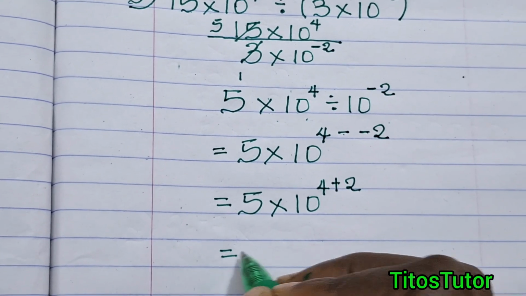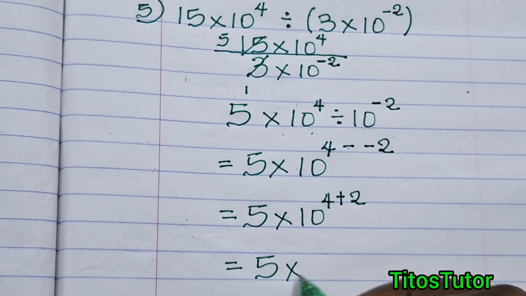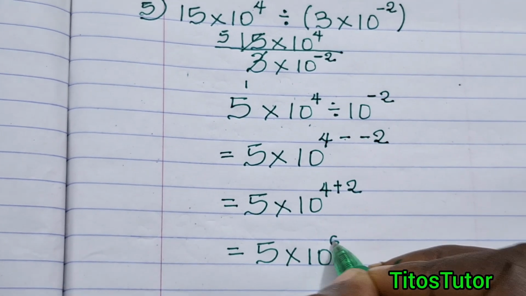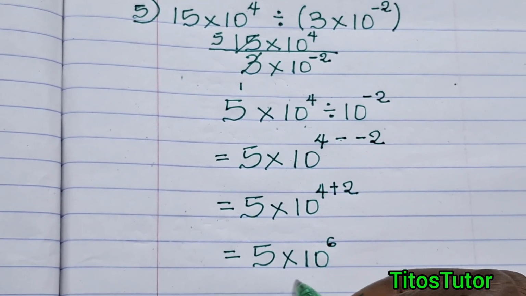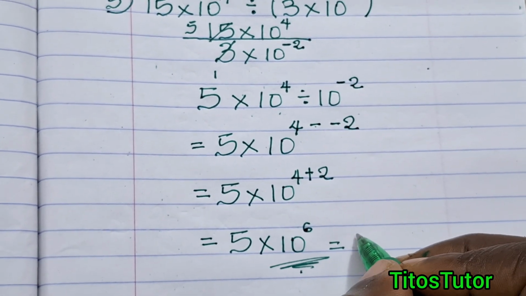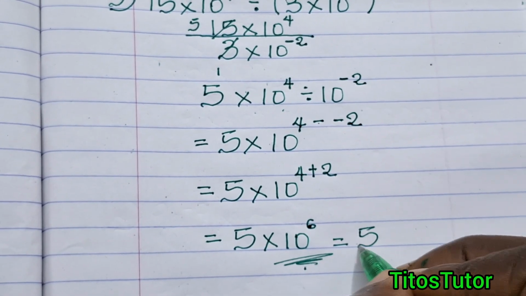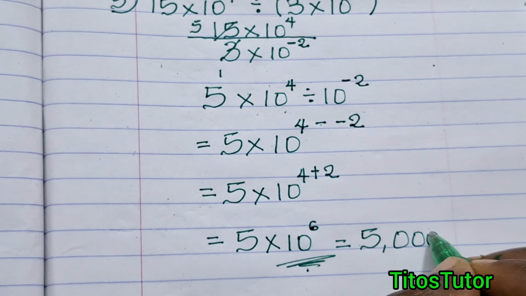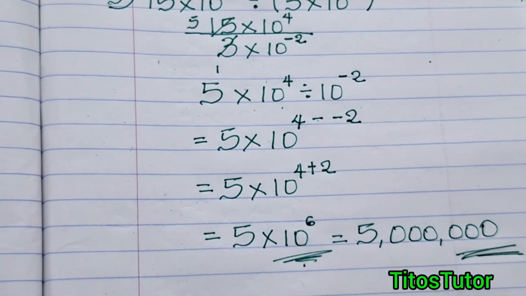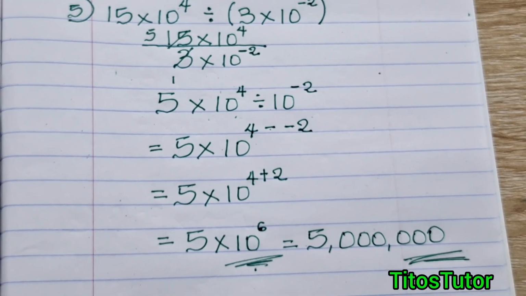So the final answer is 5 times 10 raised to the power of 6. In standard form, you can leave it like this and you're done, or you can also expand it. 5 million, 1, 2, 3, 4, 5, 6. Either is absolutely correct.